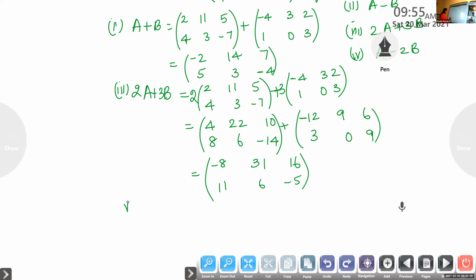Fourth one is find a minus 2b. This is a minus 2b. Find out and tell me what is a minus 2b.